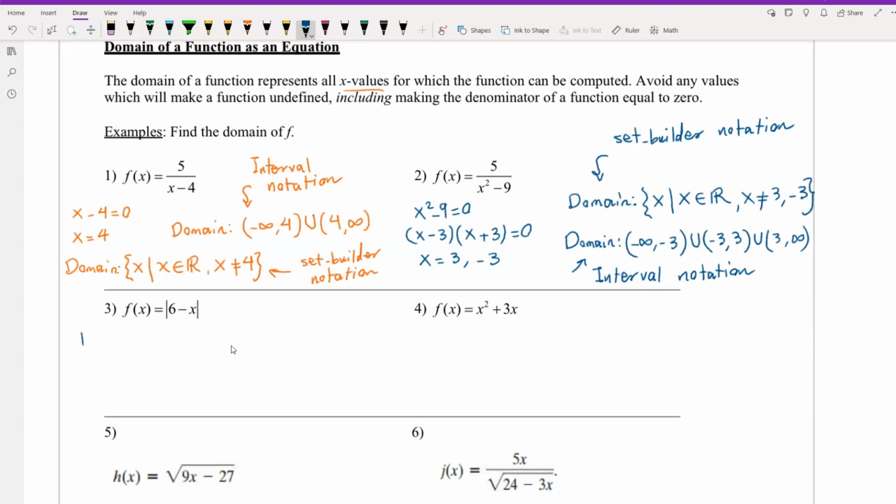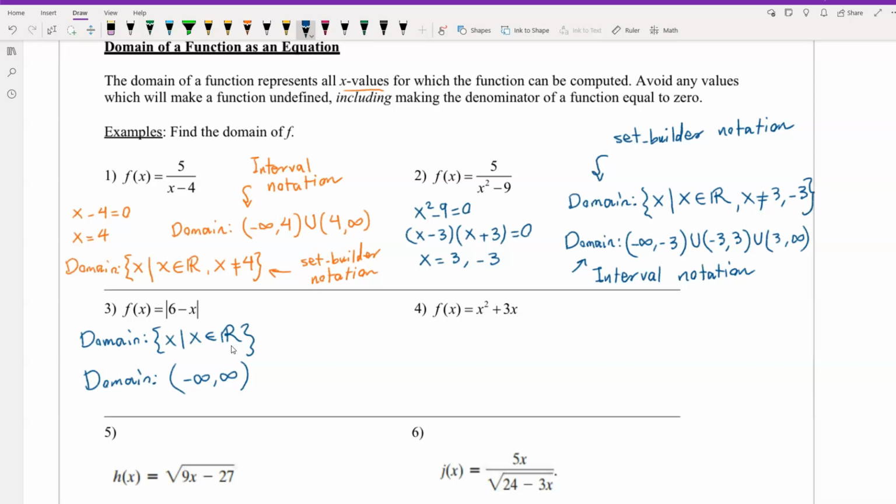So based on that, because of not having denominator, our domain is all real numbers. So x such that x belongs to all real numbers, or we can write this way using interval notation as negative infinite, positive infinite.